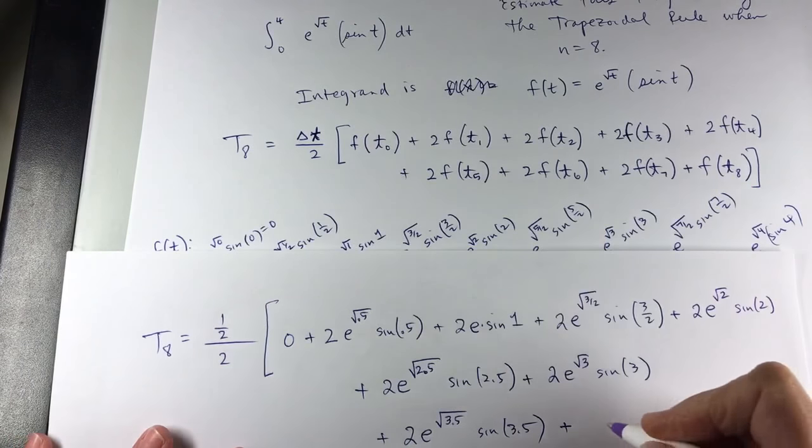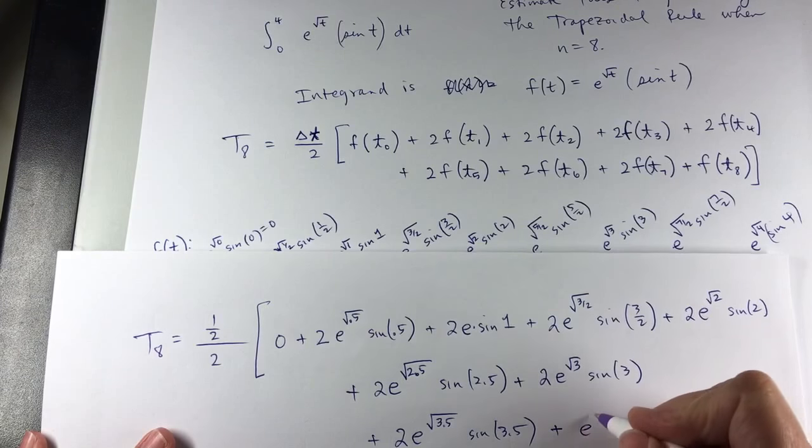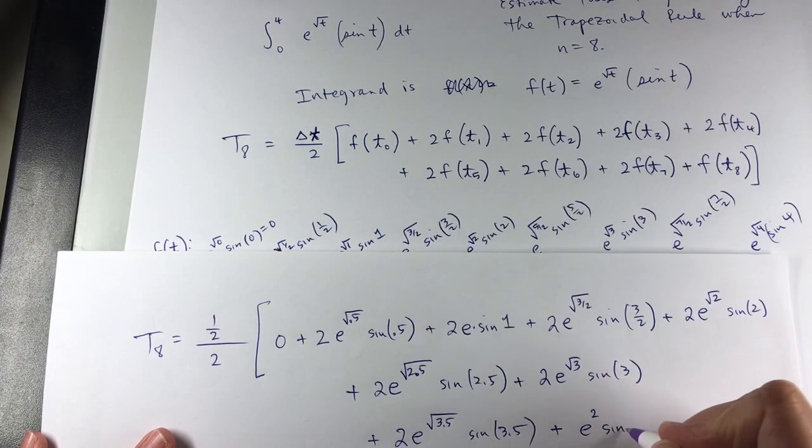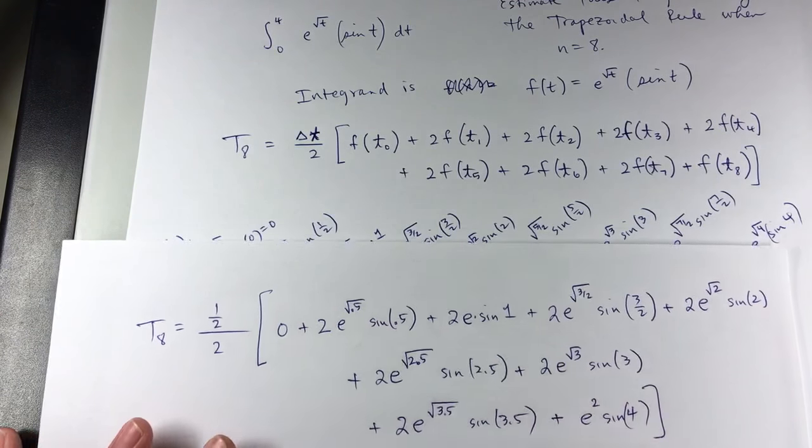This last one, that's going to be e squared, and on this one you don't have the 2 in the front. Here, I'm going to put 4 in parentheses.